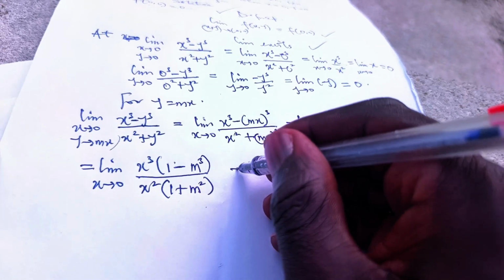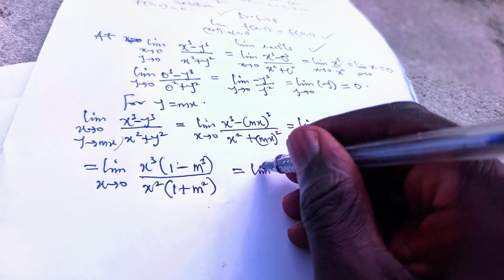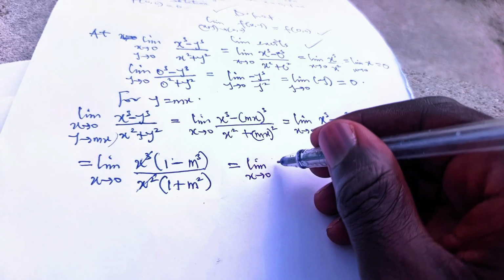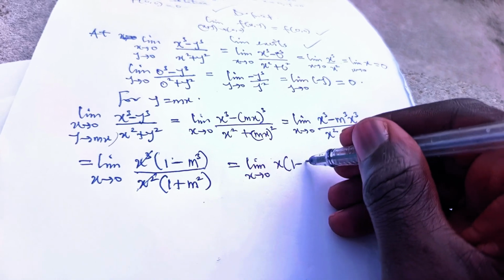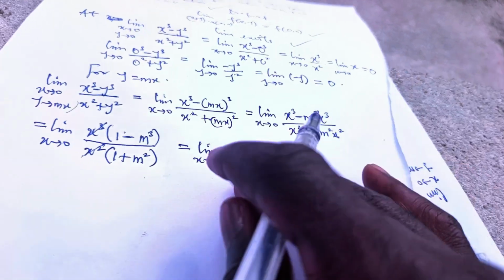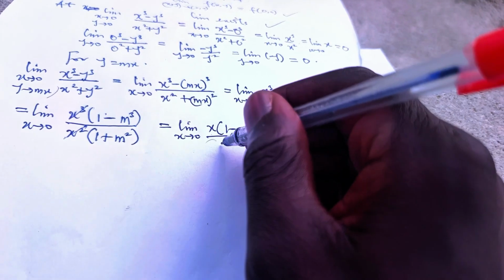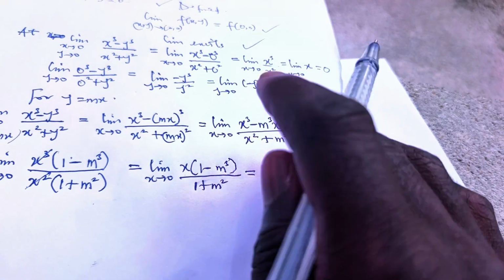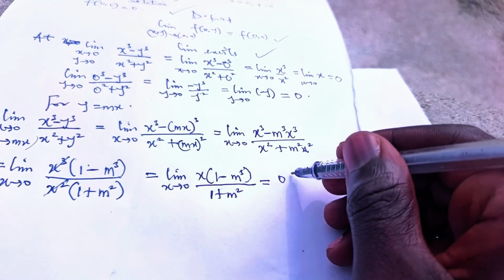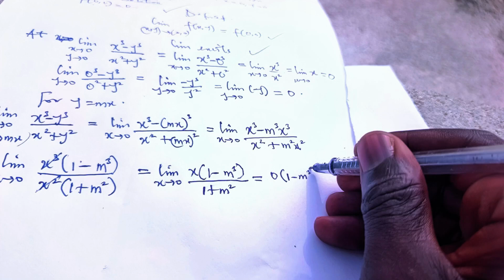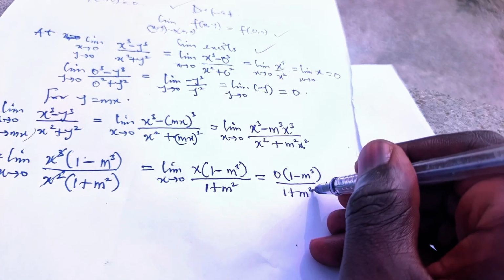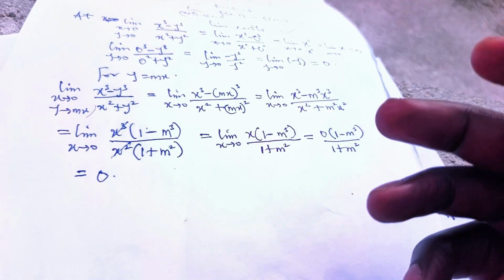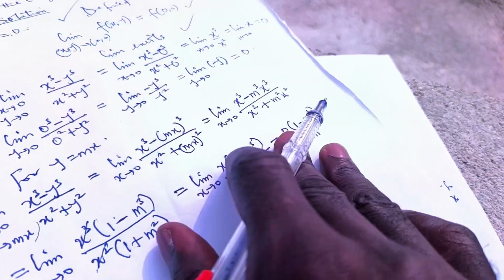X squared will cancel x cubed, and we are left with x times (1 minus m cubed) all over (1 plus m squared). Now x is 0, so 0 times (1 minus m cubed) over (1 plus m squared) is equal to 0. So you see that they are all the same, even on a straight line.